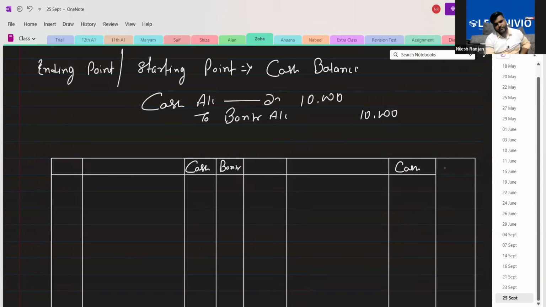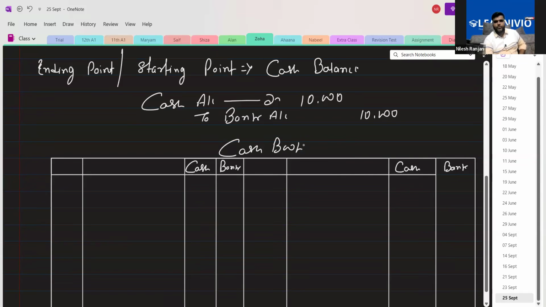Sometimes students remember the concept, but if you don't memorize the concept, then you have to remember that for a contra entry we will always write the cash amount in the cash column. So first of all, you have to tell me which is coming, cash or bank, in this entry.